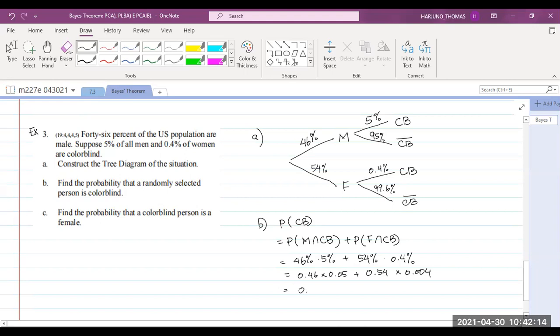That's 0.0230 plus, this one is even smaller, 0.00216. So put them together, that will be 0.02516. Is it right?